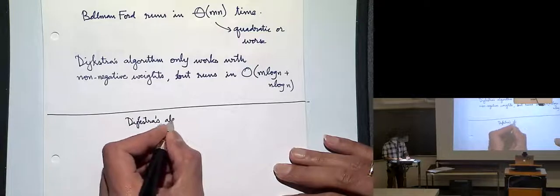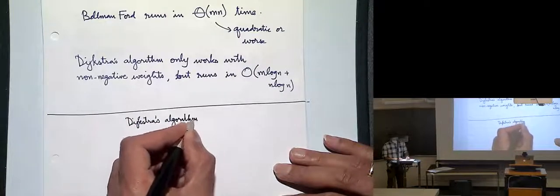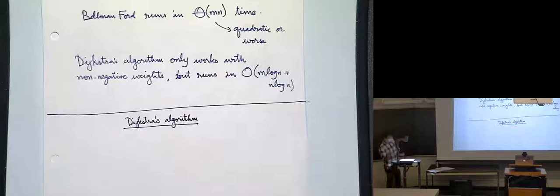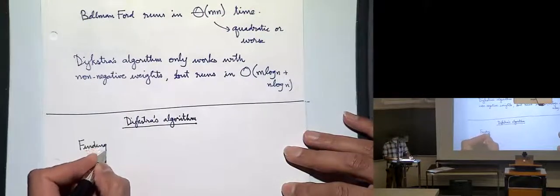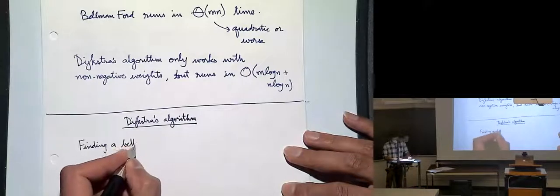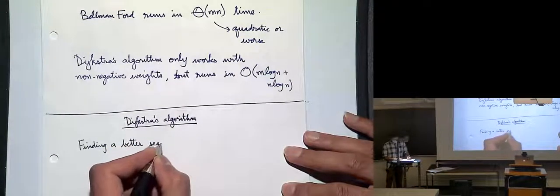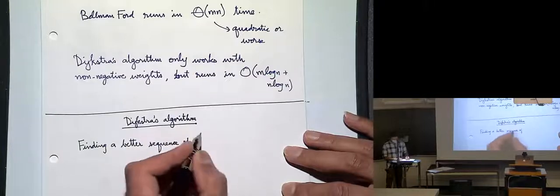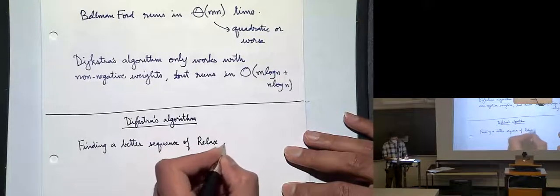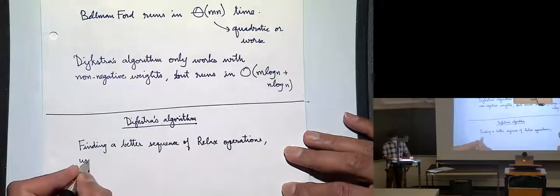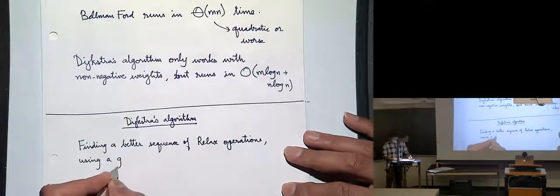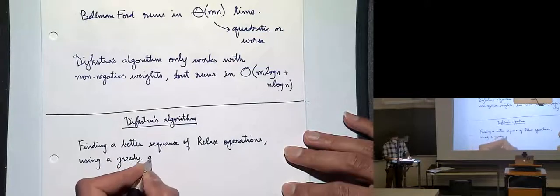So let's look at Dijkstra's algorithm. Essentially you can think of it as finding a better sequence of relax operations using a greedy algorithm.